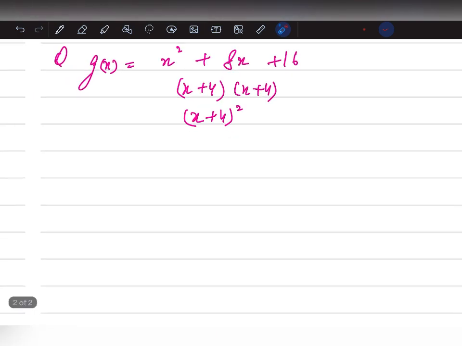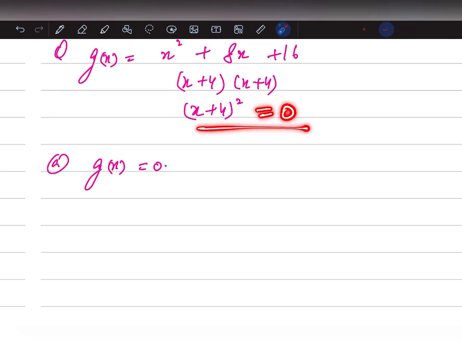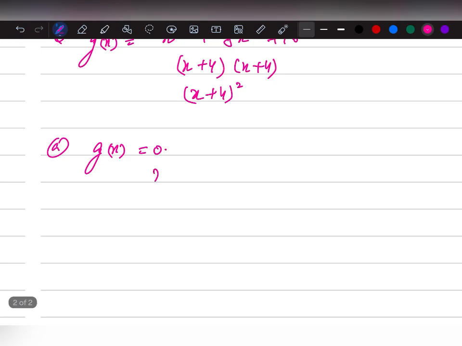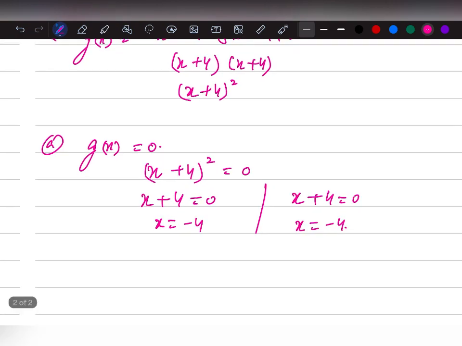Now we're going to find out three things here again. First part, when g of x is equal to 0, for that I will put my factors equal to 0. So x plus 4 whole square equals 0, x plus 4 equals 0, and also x plus 4 equals 0. So x equals negative 4 and x equals negative 4.